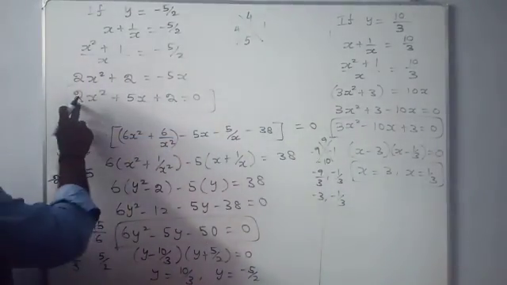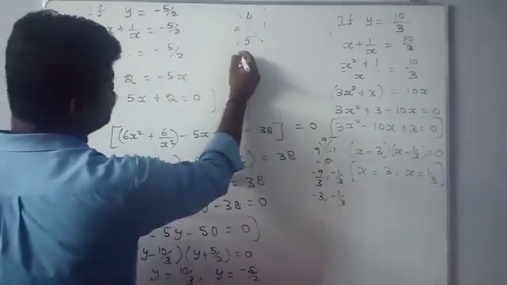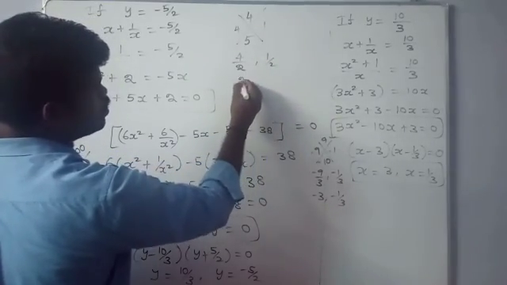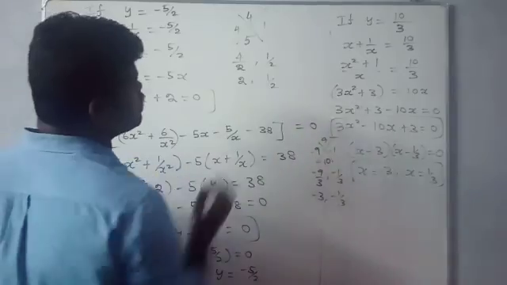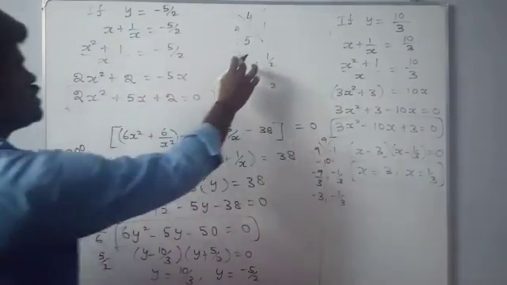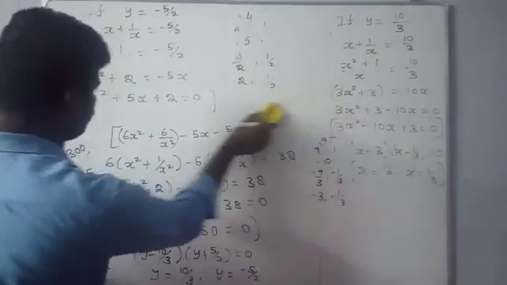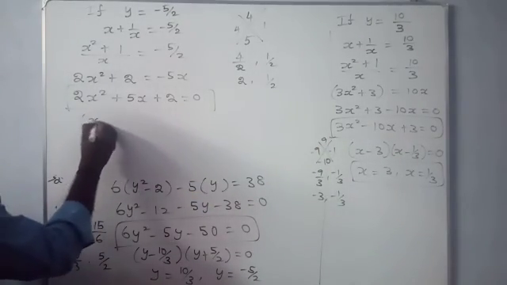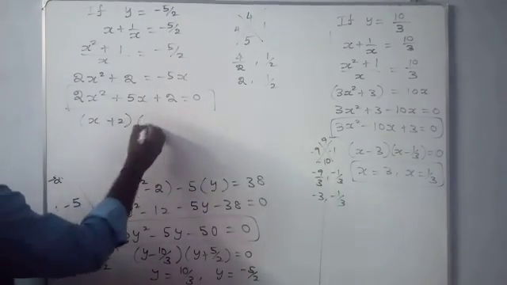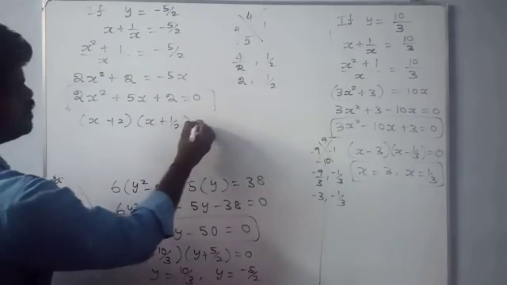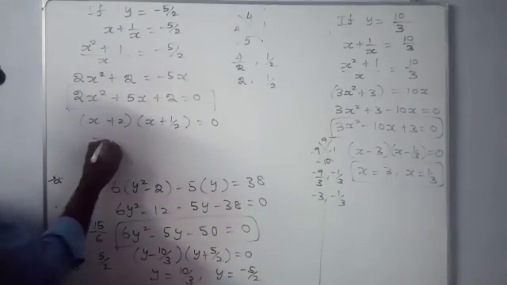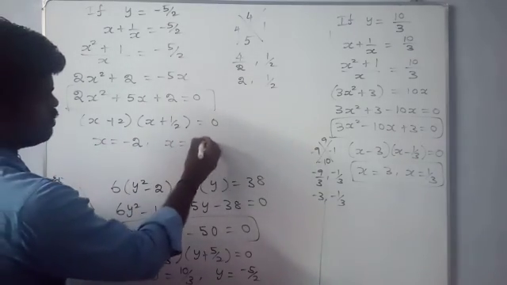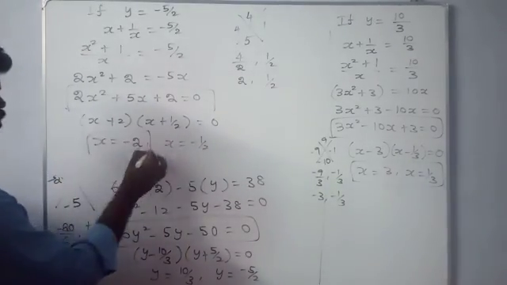This is the leading coefficient 2, so we divide 4 by 2 comma 1 by 2. What are the values? 2 comma 1 by 2. So the values are x plus 2 into x plus 1 by 2 is equal to 0. If x is equal to minus 2 comma x is equal to minus 1 by 2.